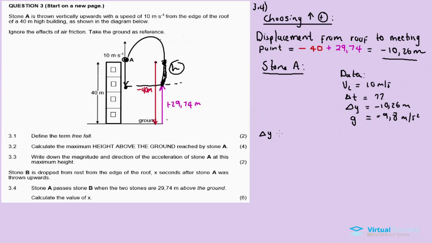This one: delta y is equal to v initial times t plus a half g delta t squared. So the value here is negative 10.26 equal to initial velocity 10 delta t plus half negative 9.8 delta t squared.